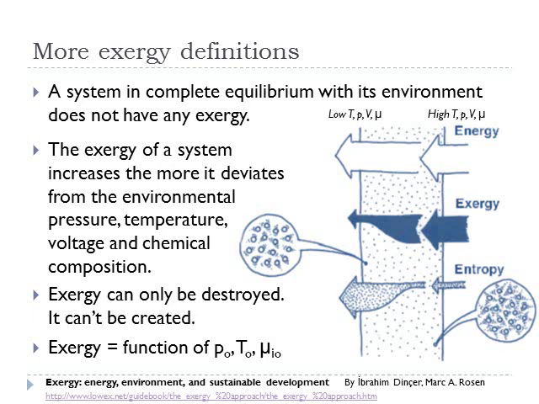Imagine we have a system on the right at some high temperature, pressure, voltage, or chemical potential. And on the left, low temperature or pressure or voltage or chemical potential. So as we go from the right side to the left side, the amount of energy is going to stay exactly the same.